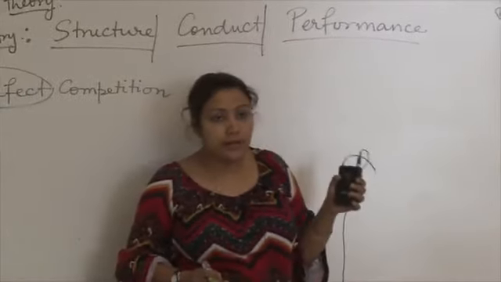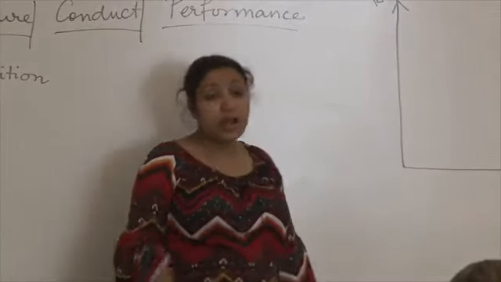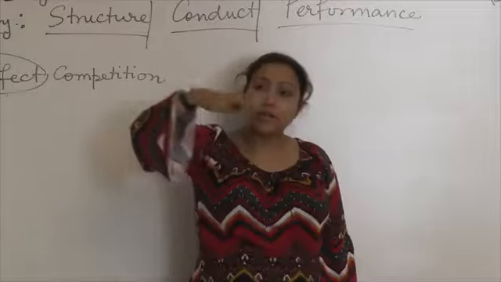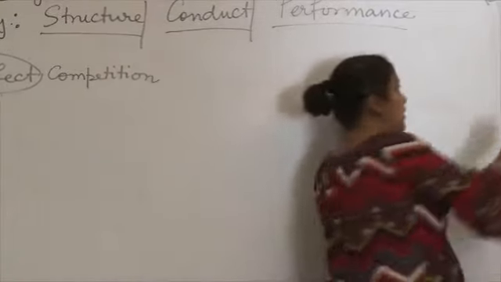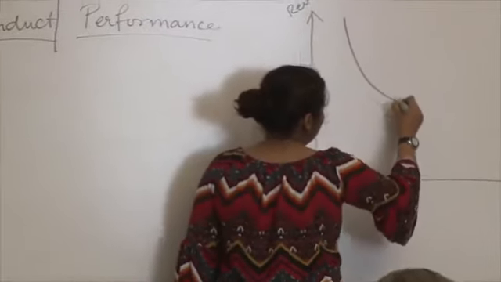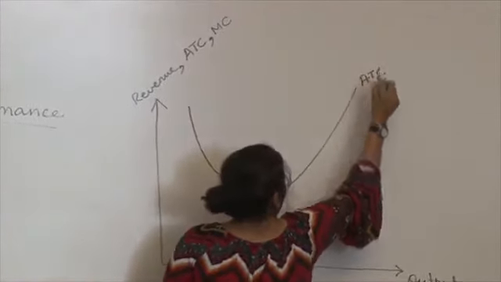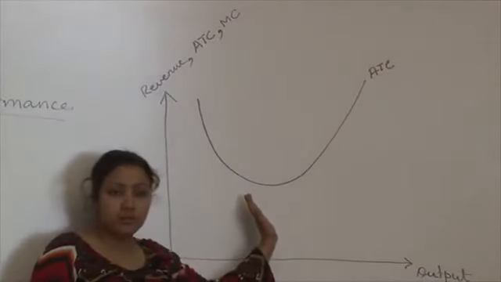Everything else is measured on the y-axis. Okay. Is that clear? Now, if you remember, we had that ATC curve which we talked about, which is first U-shaped, first downward falling and then upward rising. So, the ATC curve looks like that, remember. Here it is the spreading out effect which is dominant.